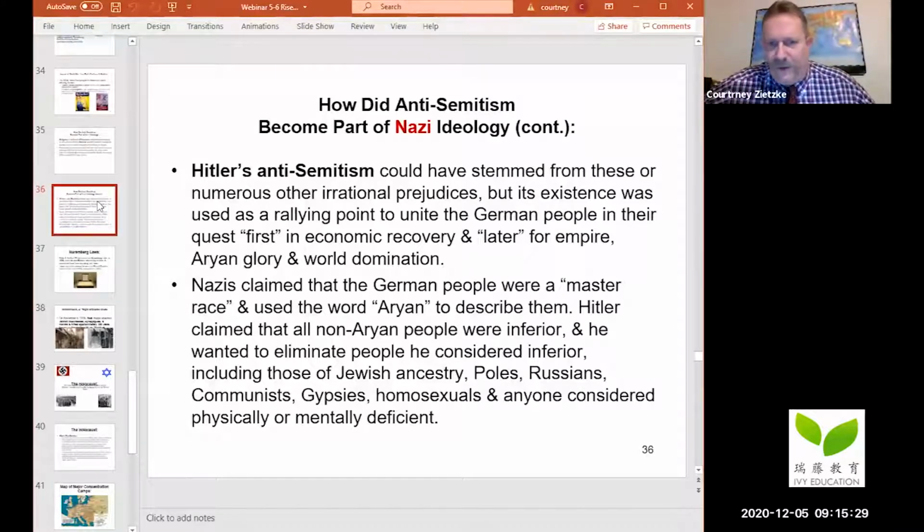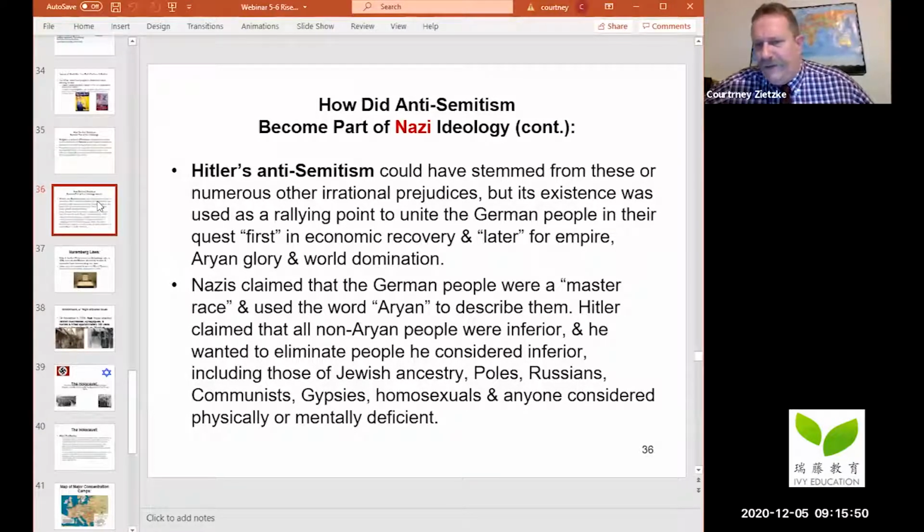The German people, in their quest for first economic recovery and later for empire, Aryan nation glory, and world domination, were, quote, the national master blue-eyed race. And this is how Hitler was keeping his people together, through extensive use of propaganda and outright lies to the German people.